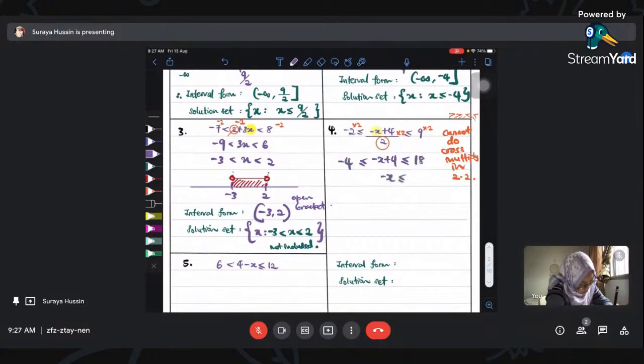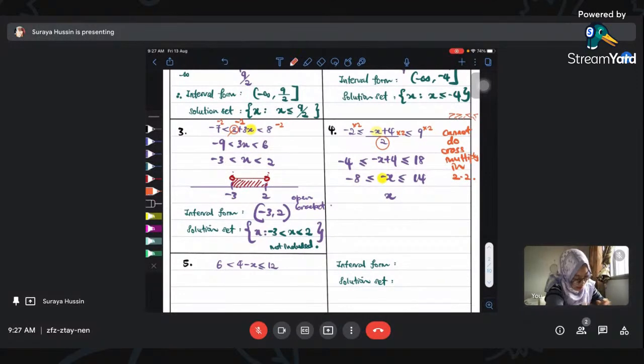So we get 18 on the right hand side and here is negative 4. So make negative x the subject first. You will get 14, it's negative 8. And now, miss, be very, very careful. You want x only, so you need to eliminate the negative 1.